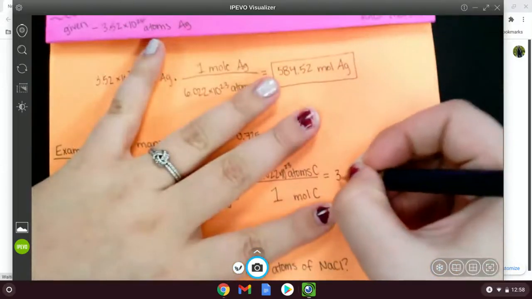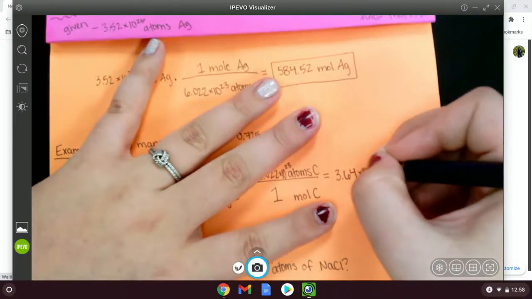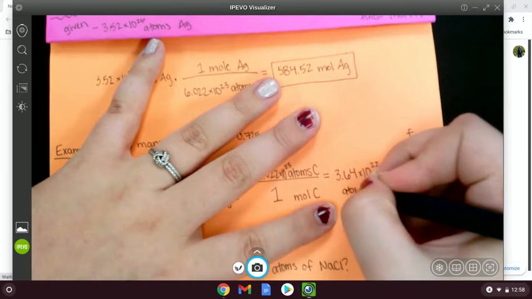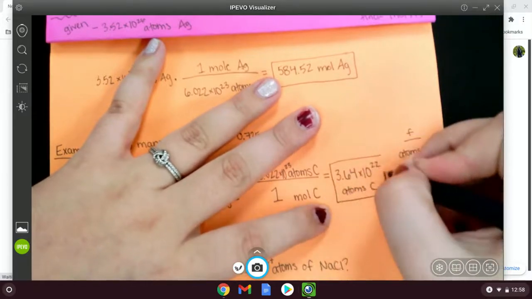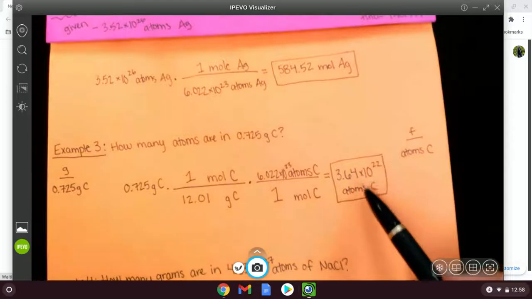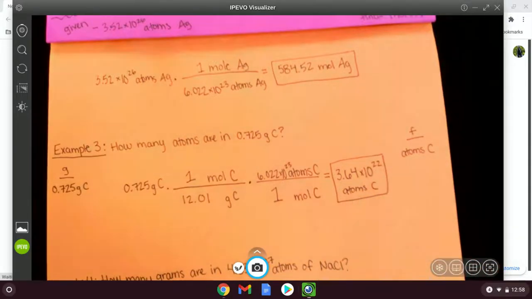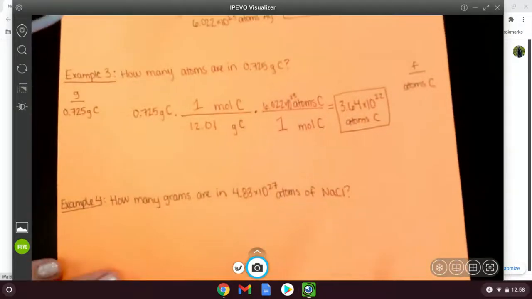So for this one, we have 3.64 times 10 to the 22nd atoms of carbon, and our work is done. There are a lot of atoms, and they're really small.